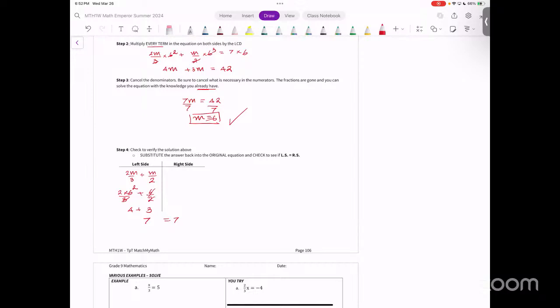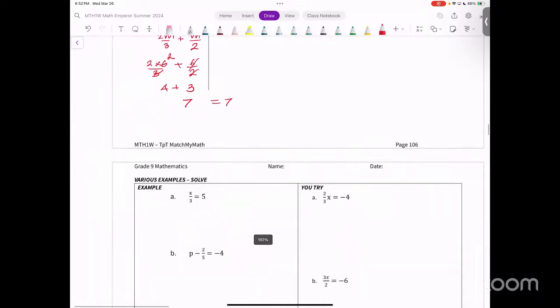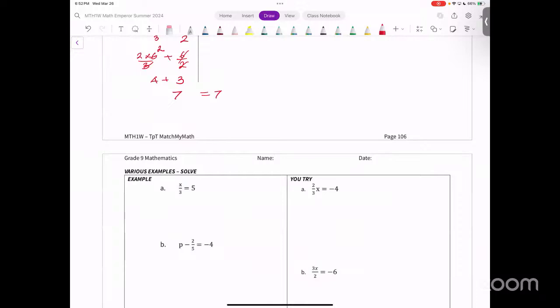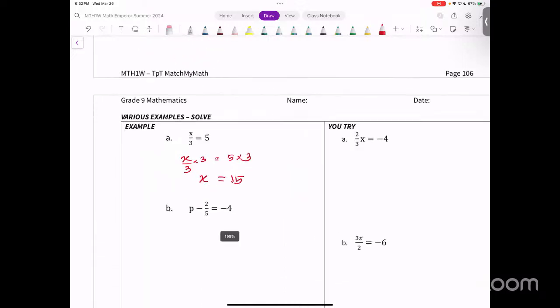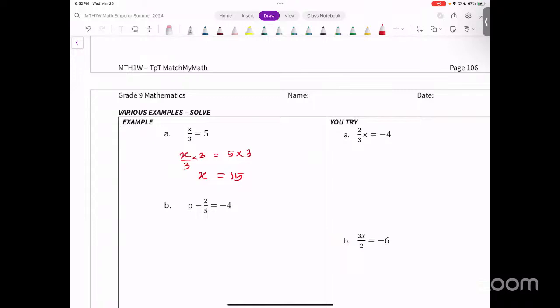All right. So first example, you only have one fraction. The denominator is 3, and the least common multiple for 3 is just 3 itself. So we're going to multiply both sides by 3. So you got x is equal to 15. Now again, you only have one fraction. The denominator is 5.